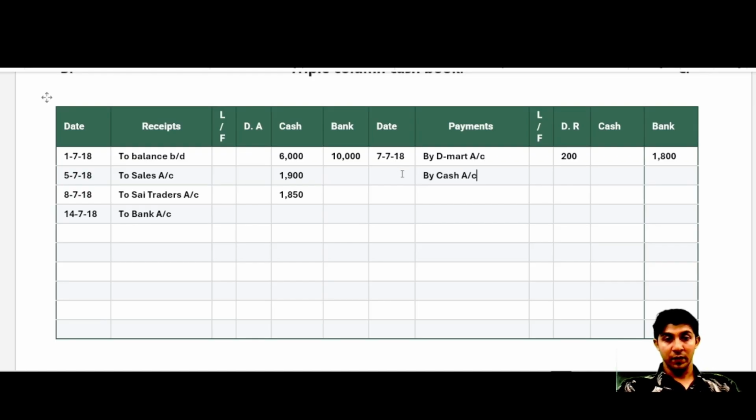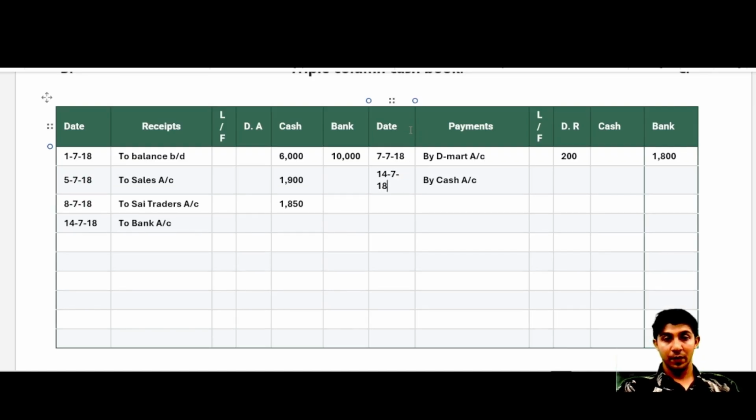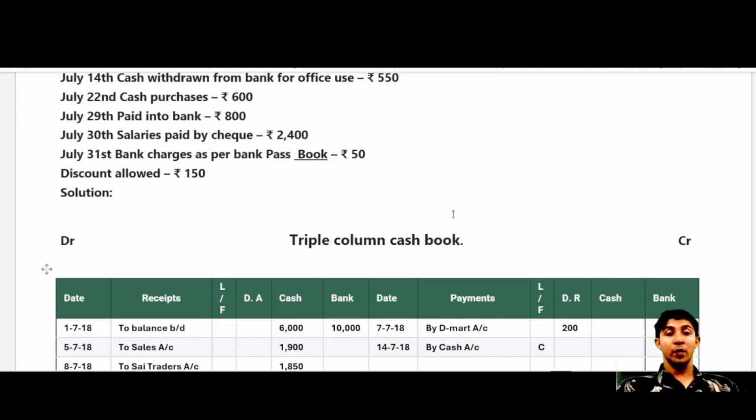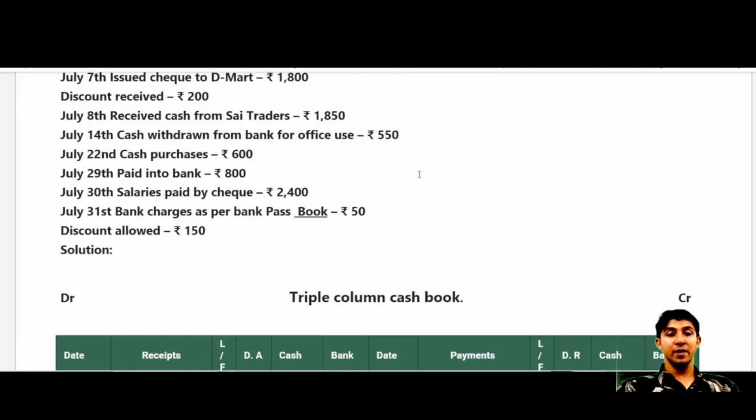The date will be same, 14th July 2018. And for identification of contra entry, we have to write C in the LF column. LF column में C लिख दिए. What is the amount? The amount is 550.